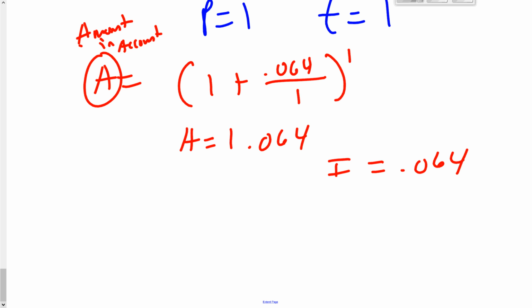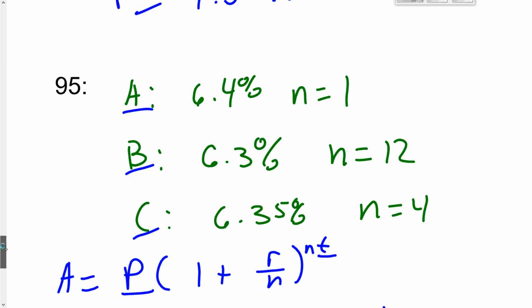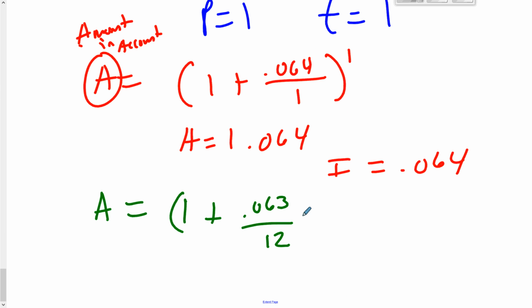Okay, for bank A. Now let's go ahead and do bank B. Let the principal be 1 and let the time be 1. And so then we get 1 plus 0.063 over how many times? 12. And again, our N times T would be 12. Okay, so now I'm going to have to use the calculator here, and again, you can plug all that in there if you want to, or you can do one step at a time.